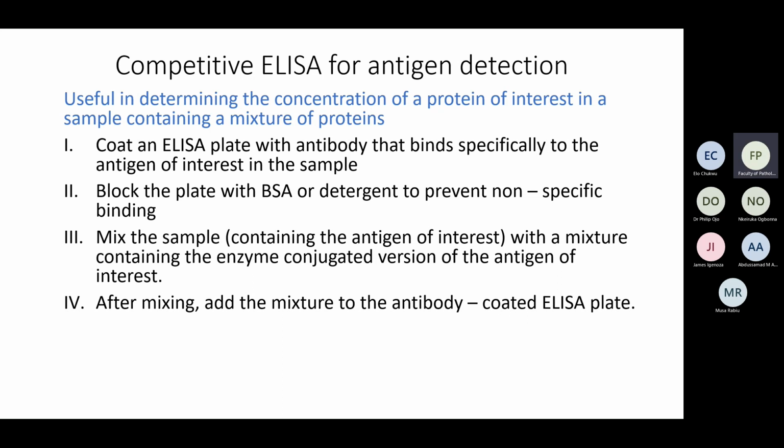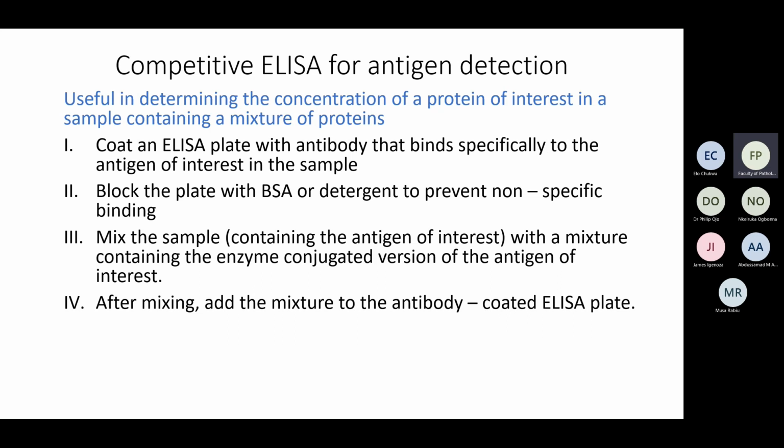is to get your sample that contains your mixture of proteins, and then you get another sample that contains only the pure antigen but is conjugated to an enzyme. You mix these two samples, and the mixing is usually done outside. I mean, you mix the two samples before you add them to the plate, because if you add them separately, they are going to give one sample undue advantage over the other in the competition.